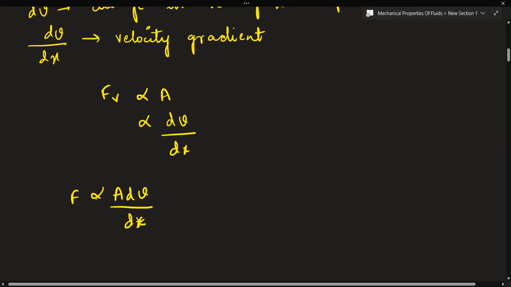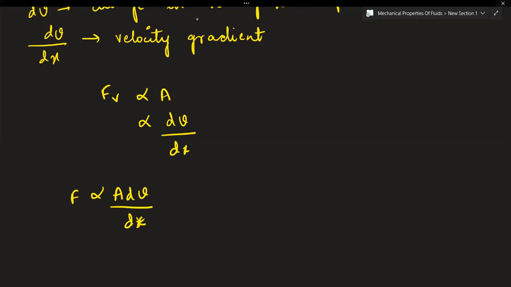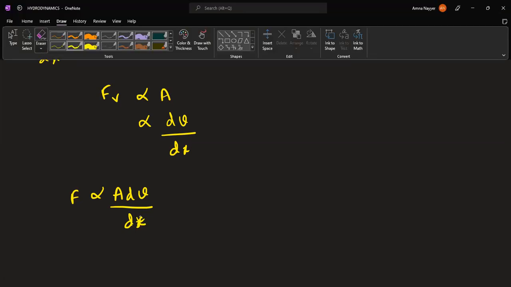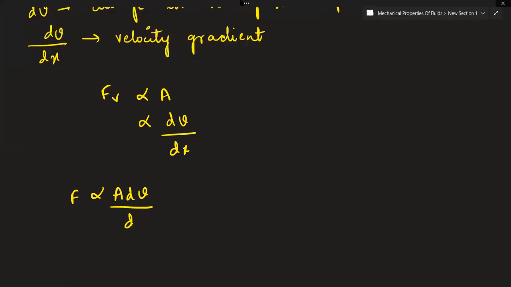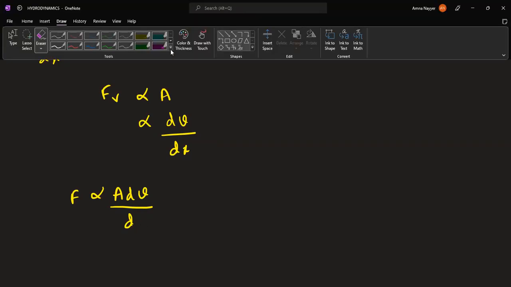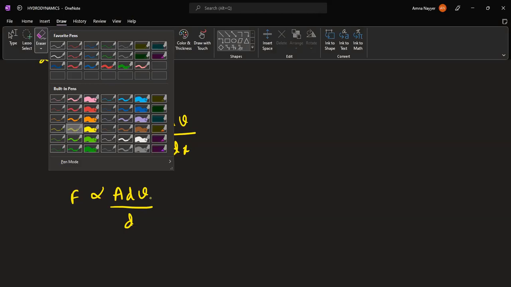Now see, how can we remove the sign of proportionality?